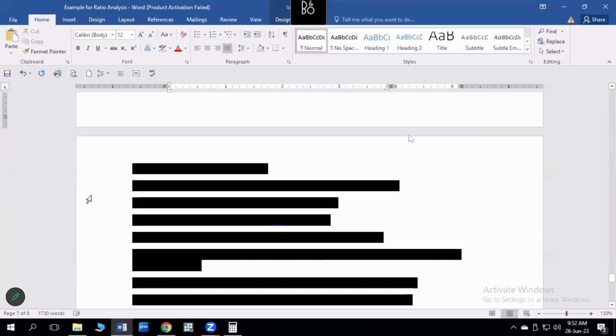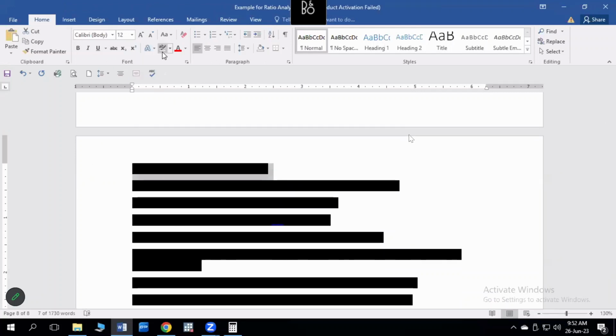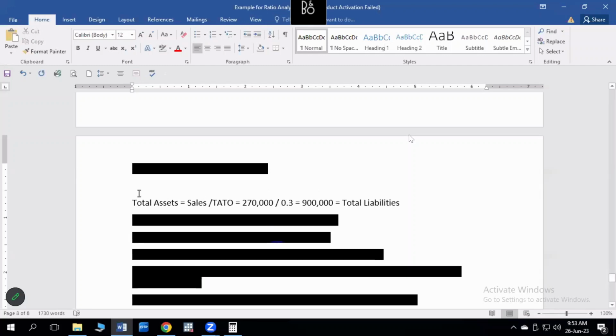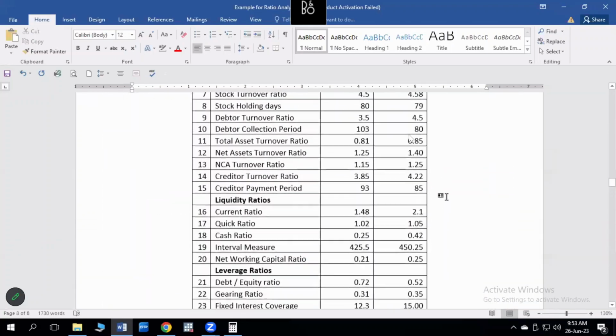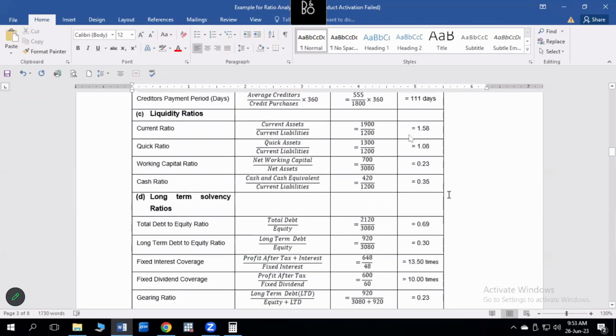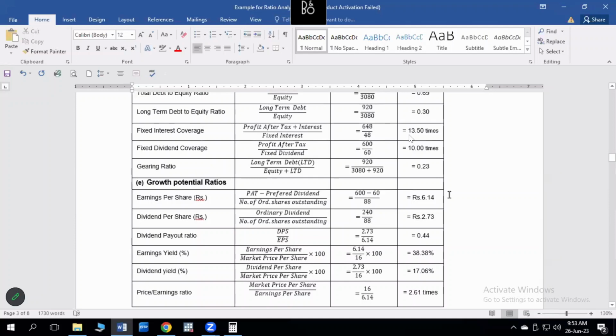So you get the formula for the total asset turnover under the turnover ratios.